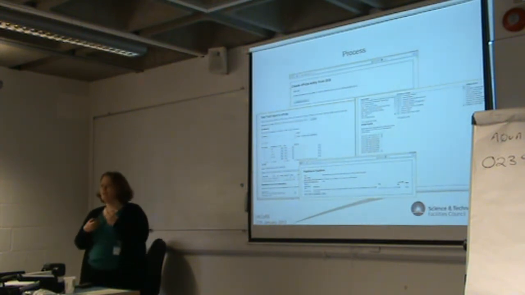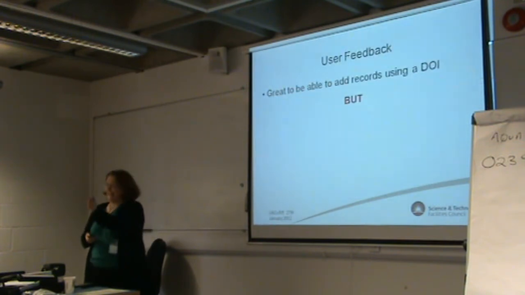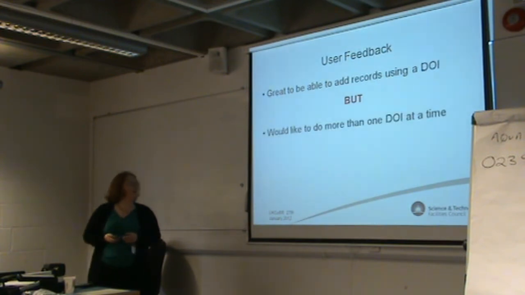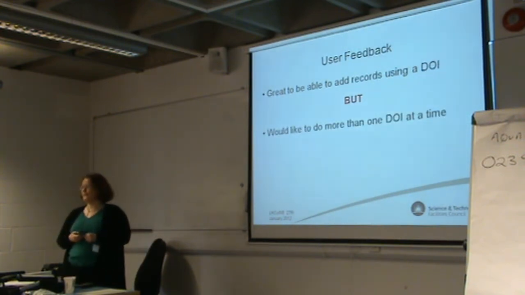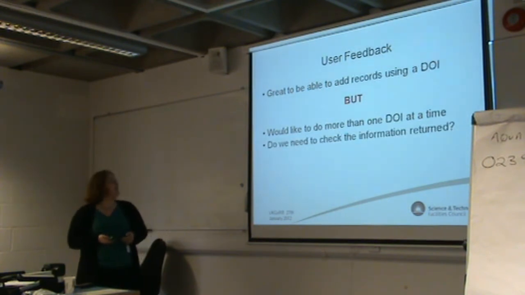All well and great, so we rolled it out to our user community, and they said, great, but, as with all user feedback, can't we do more than one at a time? Why have we got to type the DOI in, and then press a button and type it in again, press a button? Why can't we just give you a whole load? Do we have to check it?